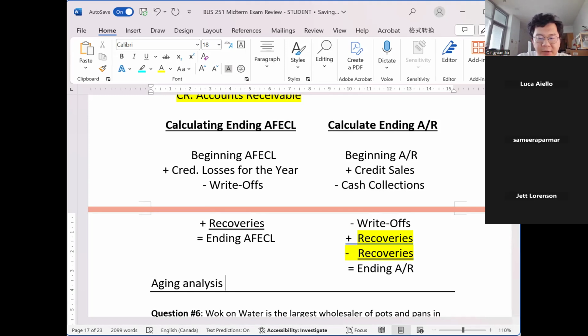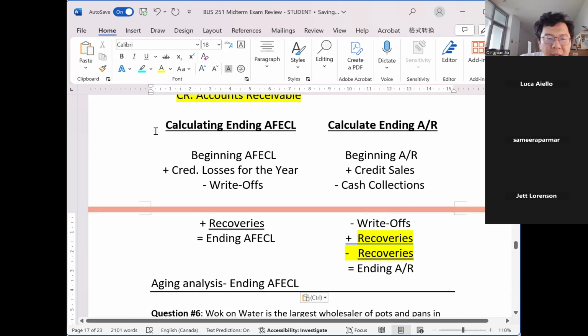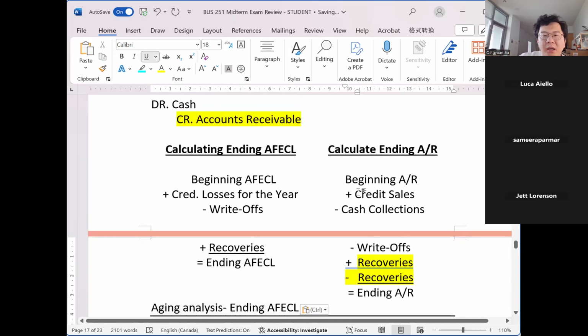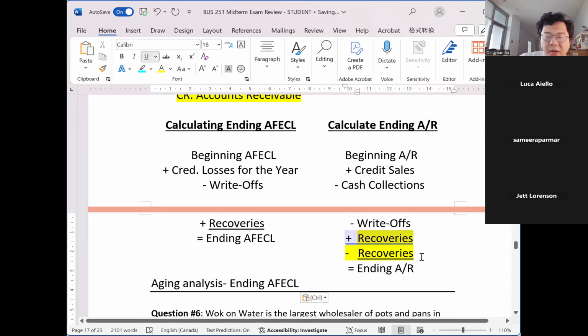So aging analysis also calculates the ending AFECL, right? So in this way you can calculate the ending AFECL, and in this way you can also calculate the ending AFECL. And let's have a look at the right part and how we calculate the ending account receivable.